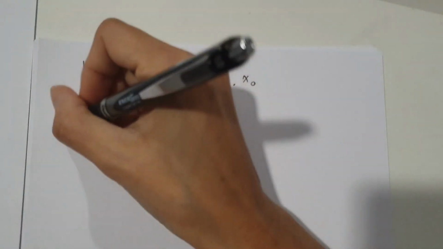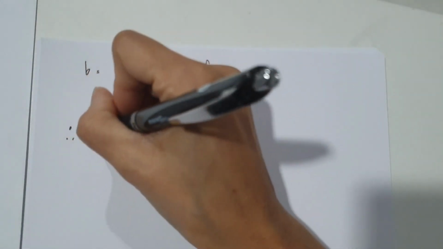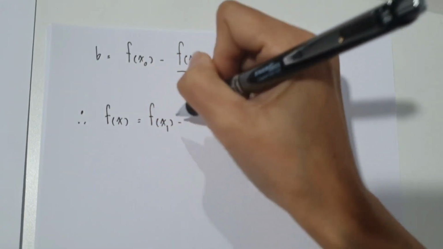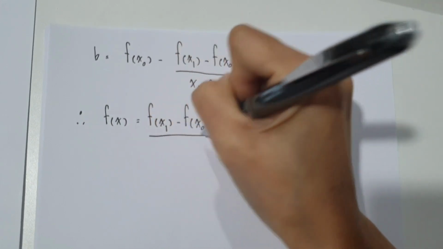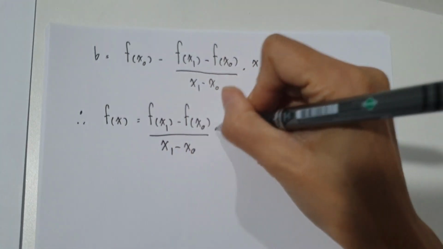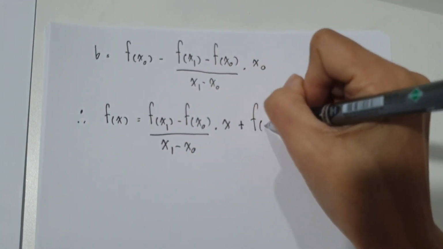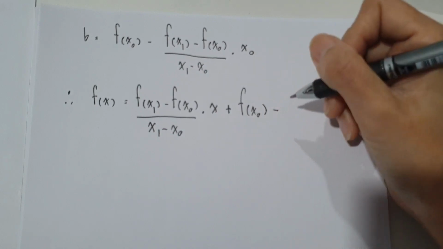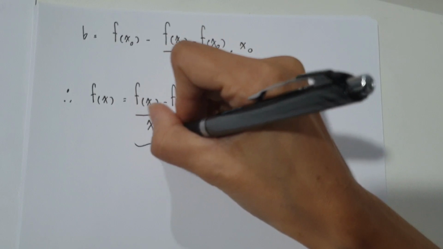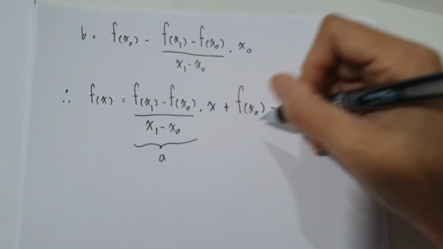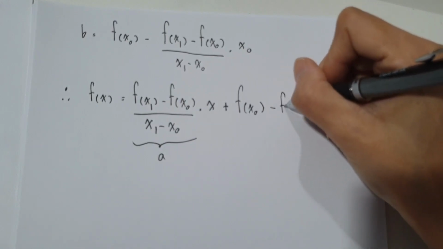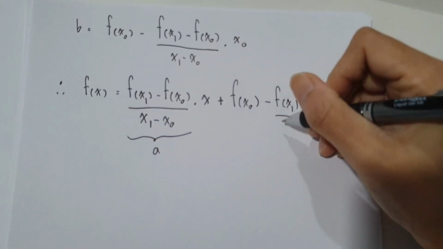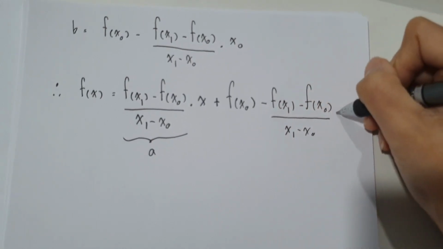After we rearrange a and b, finally we get f(x) equal to (f(x1) minus f(x0)) divided by (x1 minus x0) times x, plus f(x0) minus (f(x1) minus f(x0)) divided by (x1 minus x0) times x0.